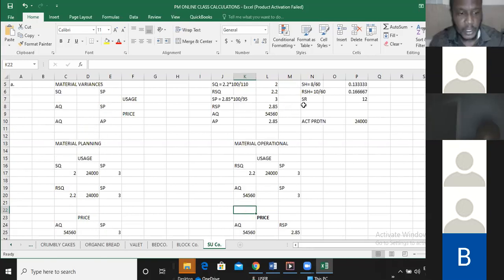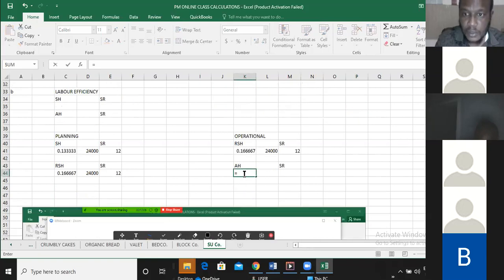So actual hour is 160. All right, so I can pick my actual hour now, 160. And then the rate is the same rate.